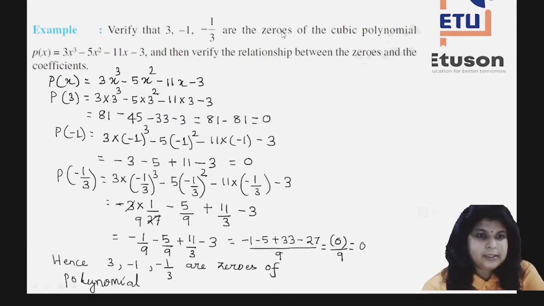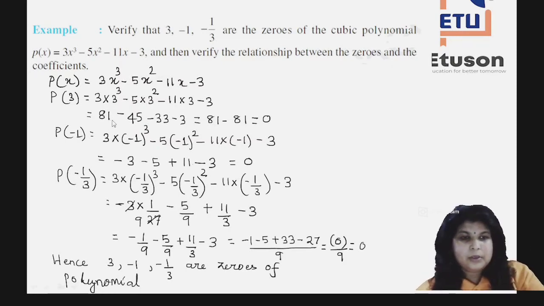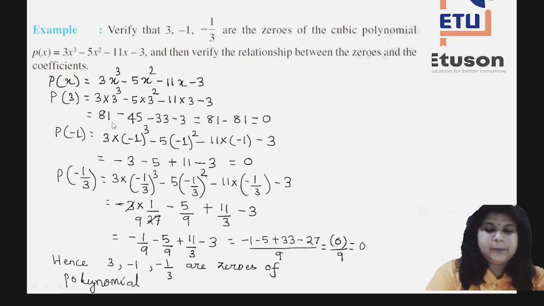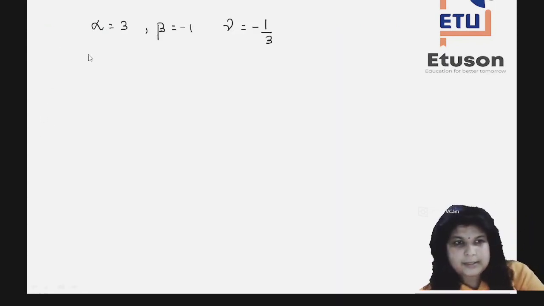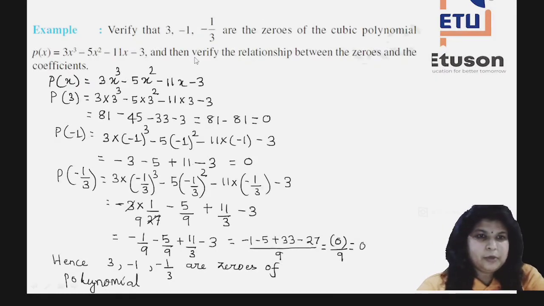Correct. So let us write down our cubic equation, that is 3x cube minus 5x square minus 11x minus 3. So let us write it here. 3x cube minus 5x square minus 11x minus 3. This is your polynomial. Let us check.